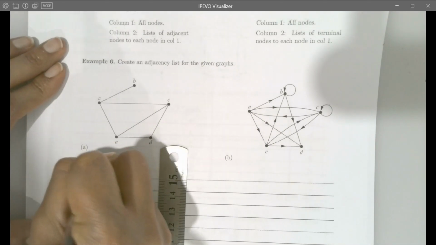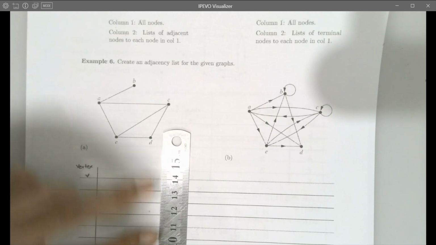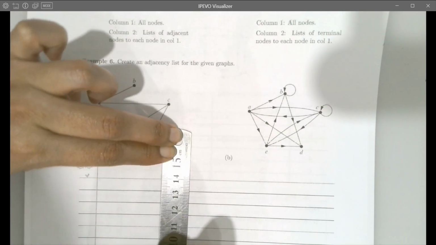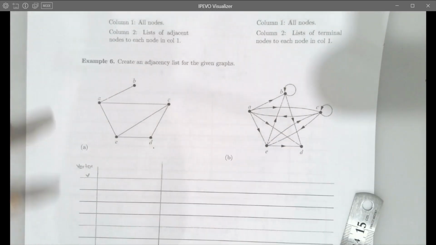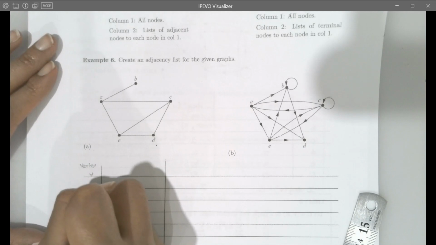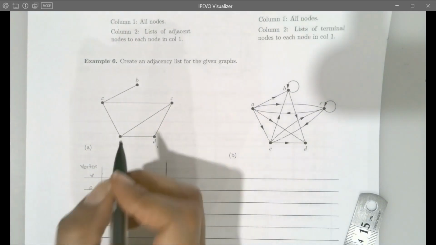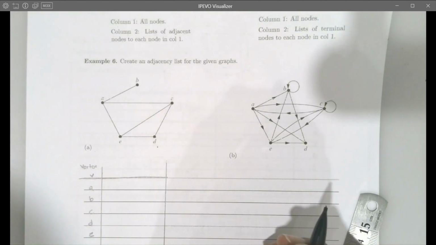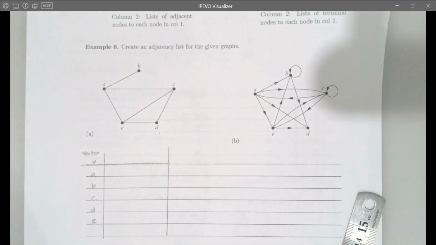The first column will be for the vertices, and the second column will be for the adjacent nodes. So A, B, C, D, and E. This is very similar to finding the neighbors. The only difference is that we are not creating a set, we're creating a list.